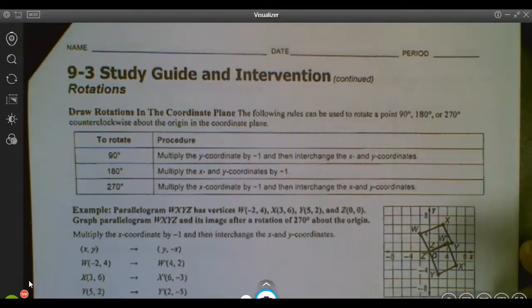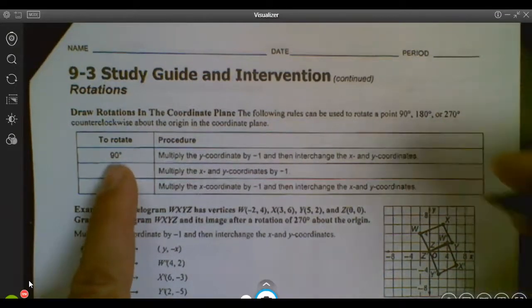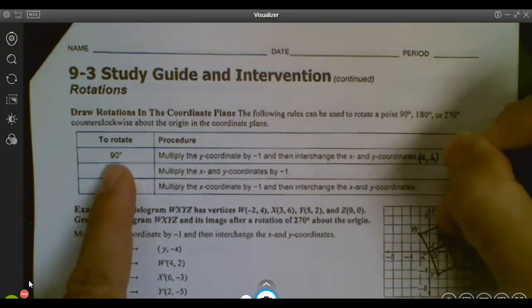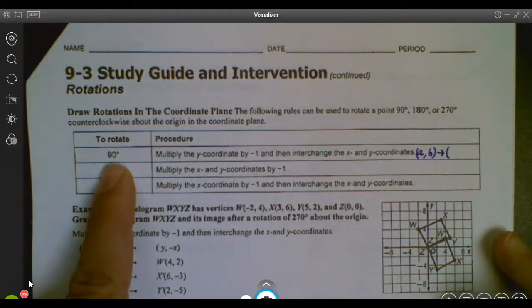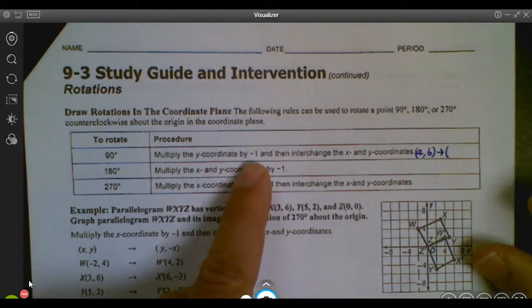So one thing that super helps with our rotations is to look at the rules that are going to take place. As I look at my 90-degree rule, and we're going to be doing all of these, so don't worry, here's what it says. It says to take your coordinates, which were (a, b), and in order to do a 90-degree rotation, we multiply the y coordinate by -1.